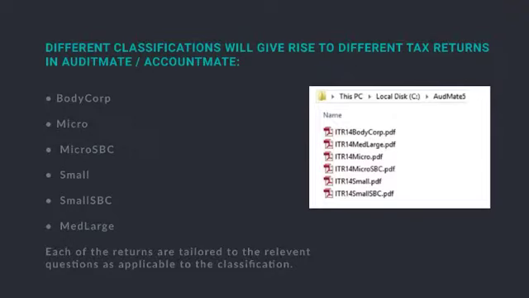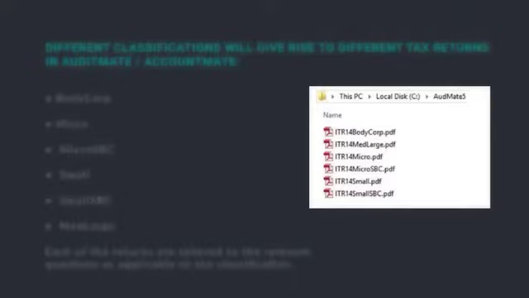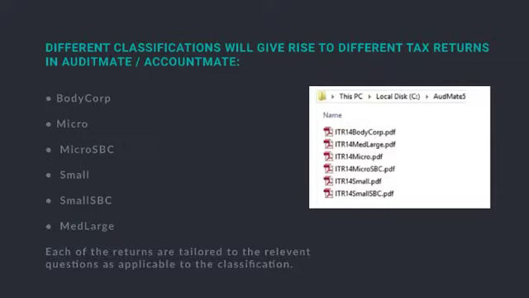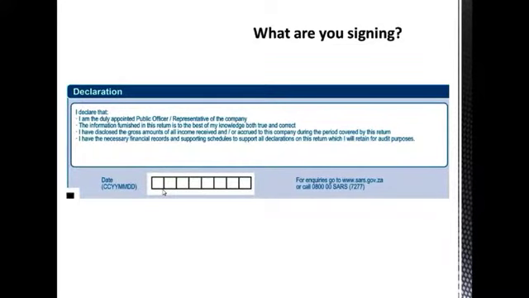We've got the small tax return, and we've got the small SBC, and we've got the medium large, and obviously the body corporate. And those are on the right hand side here. You can just see those are the files that are named inside the AuditMate folders. You don't need to touch those things. You just need to know that they're there. And when we get to the ITR14, the right one will be selected based on the criteria that we input there. Now when you sign that ITR14, what are you signing?